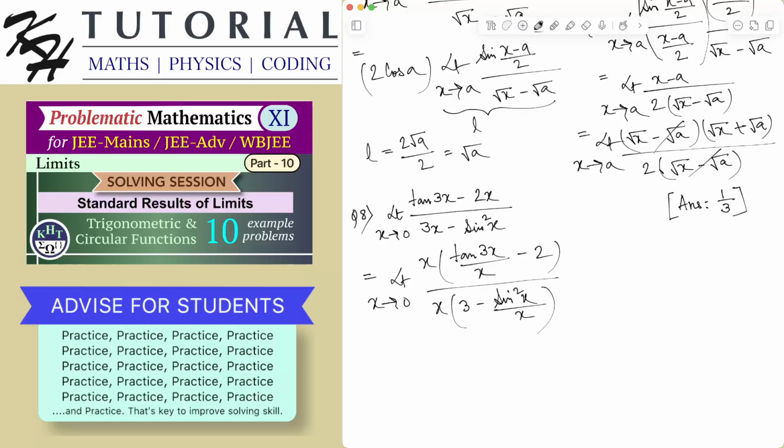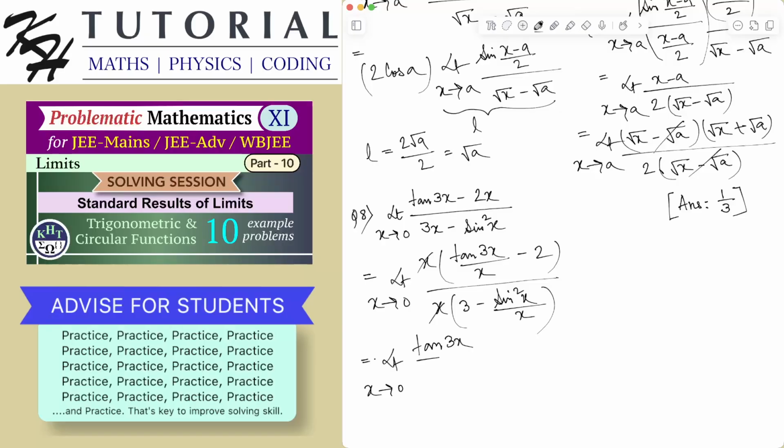Okay, we can cancel out x from both the numerator and the denominator, because x is not equal to 0. It is a value which is near to 0 but not equal to 0. Now, limit x tending to 0, I have to adjust tan 3x.